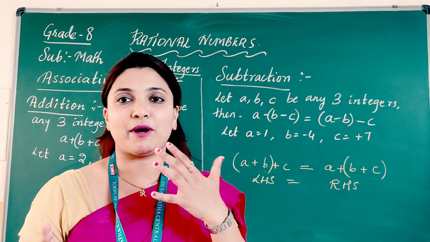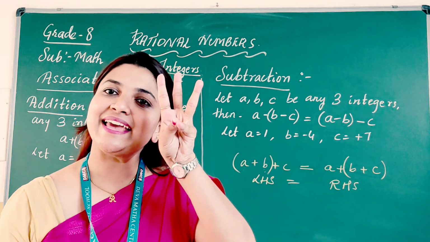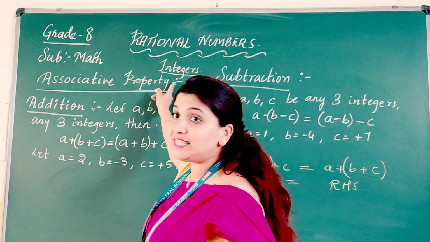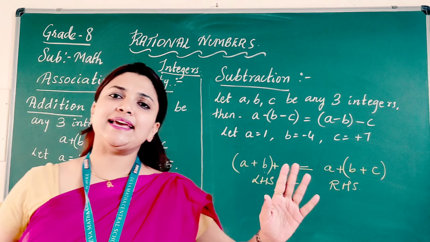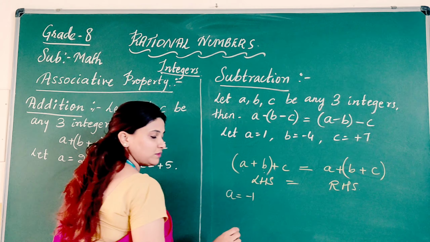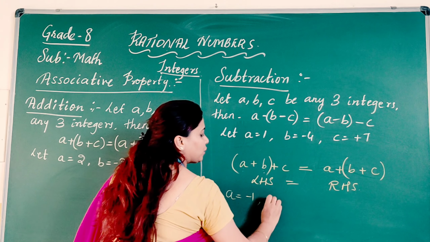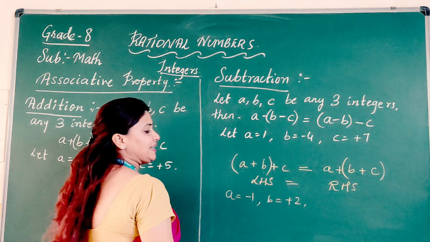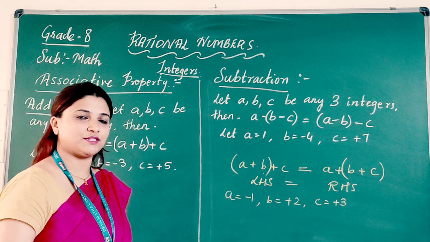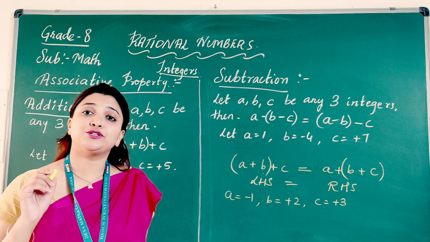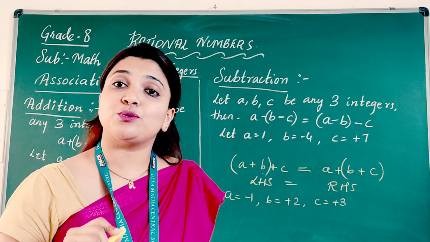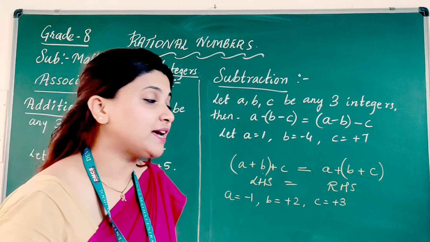Now when I am talking about the associative property, I will take any three integers. Let my A be equal to minus 1, let B be equal to plus 2 and let C be equal to plus 3, for instance. Now, what does the associative property of addition state?